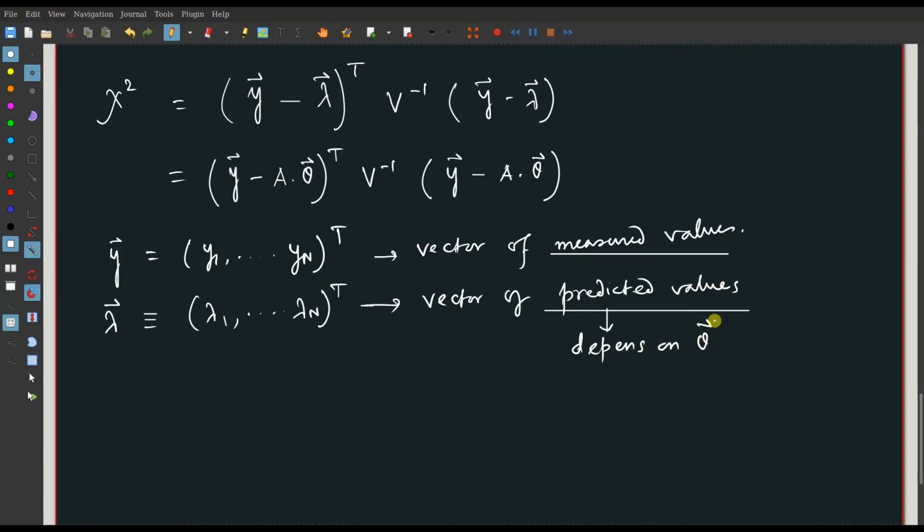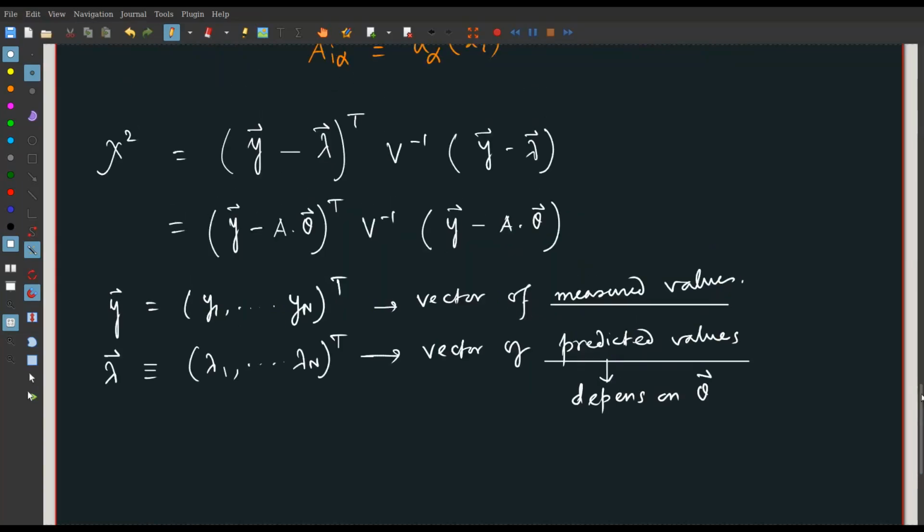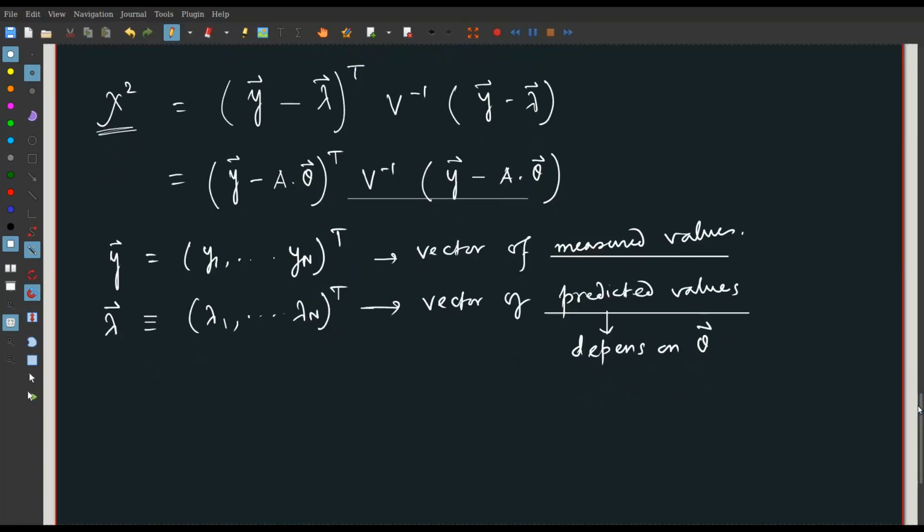To actually find the minimum of this chi-square, you have to minimize this. Now theta has different components, theta 1, theta 2, up to theta m. So you minimize it with respect to each and every theta. That means you do it component by component, which is in essence asking that the gradient of this chi-square is 0.